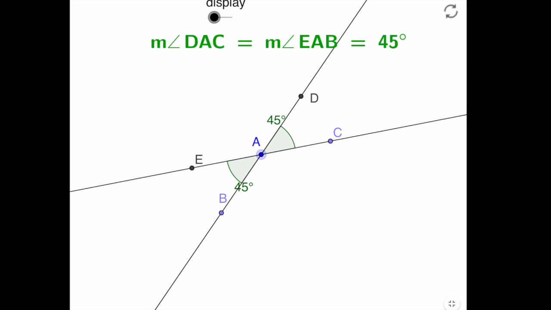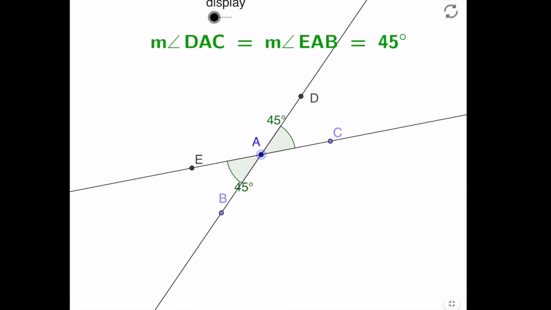But even more interesting is that those 4 angles are paired. And you can see that right here. It says the measure of angle DAC is equal to the measure of angle EAB, and they are both 45 degrees.